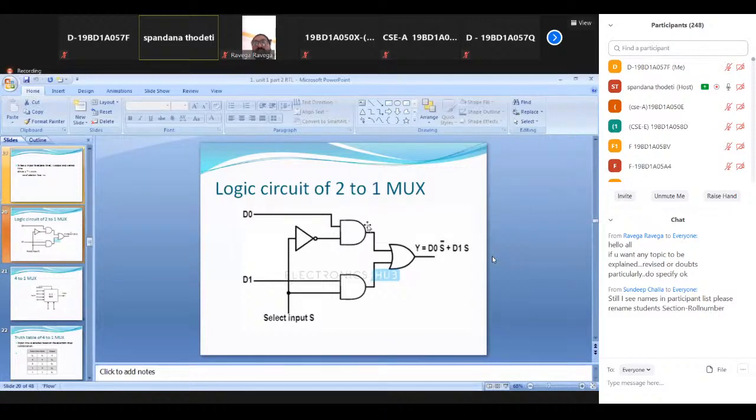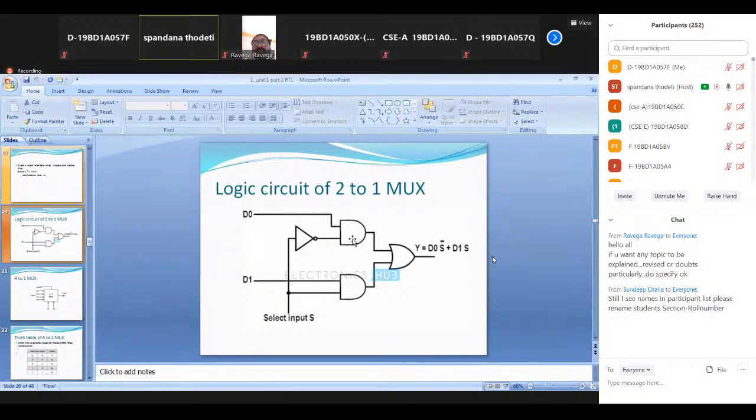Here, these logic circuits are implemented with simple basic gates: AND gates and an OR gate. This is your NOT gate or complement gate. The AND gate performs the product, the OR gate performs the sum, and the NOT gate performs the complement of the data, right? So this is the logic circuit for a 2 by 1 multiplexer.